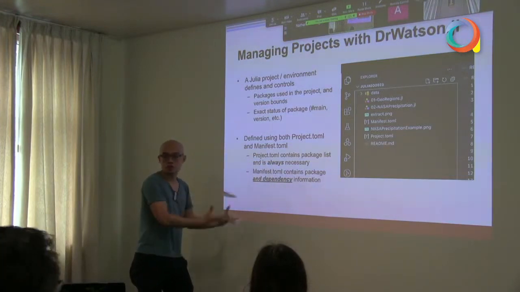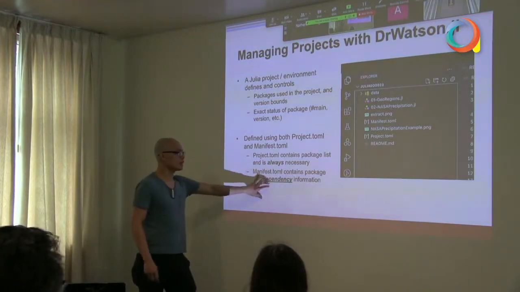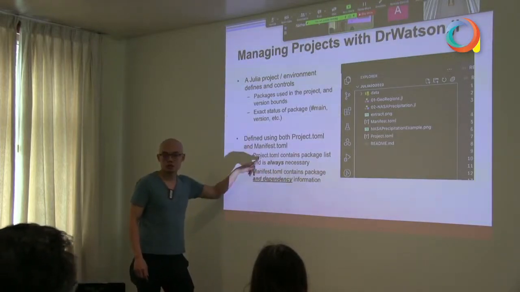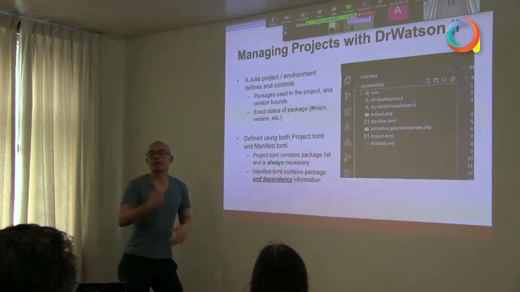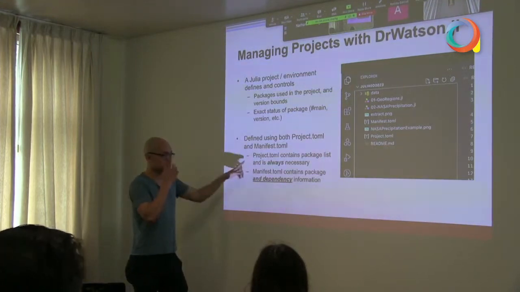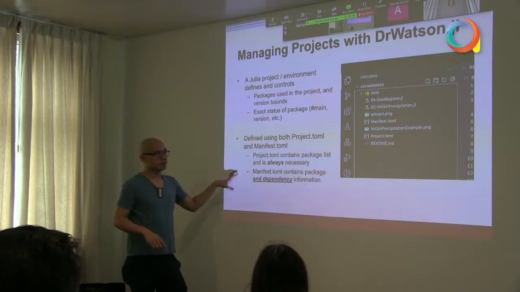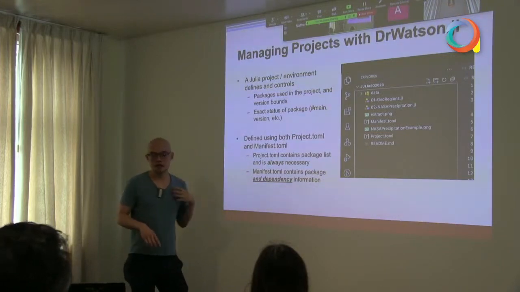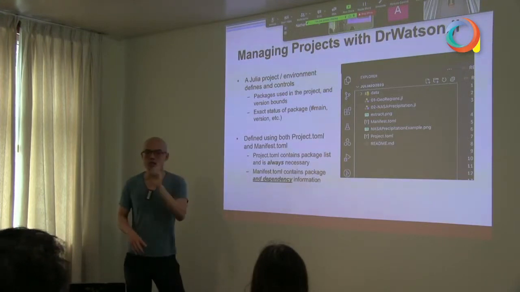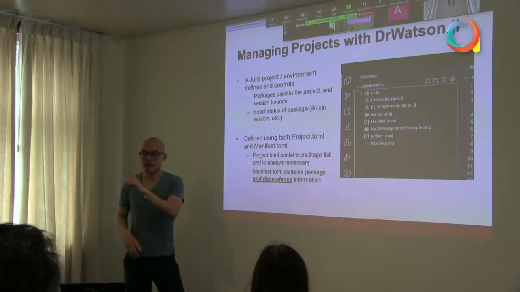So the project contains a list of packages that you can load in Julia, whereas the manifest contains the packages that you see in the project, and other packages which are dependencies of this project.